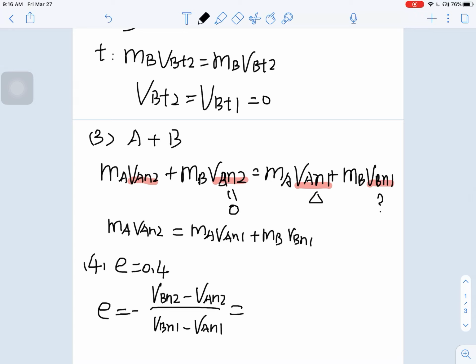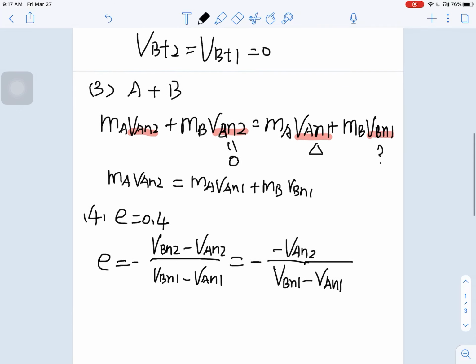As we know, VBn2 is 0, so it's equal to negative VAn2 over VBn1 minus VAn1. That gives us another equation.